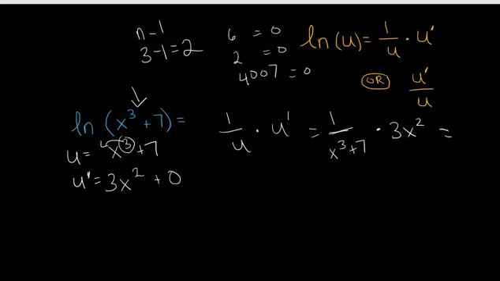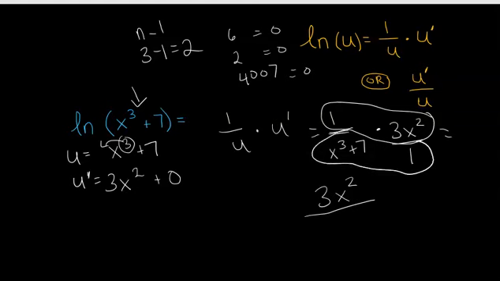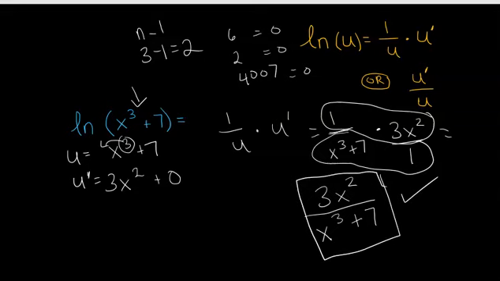So now all we do is put it together. I put that invisible 1 in the bottom, and I multiply the numerators, the top numbers, together. So it becomes 3x to the second over the bottom numbers, the denominator, x to the third plus 7. And this whole entire thing is the answer.